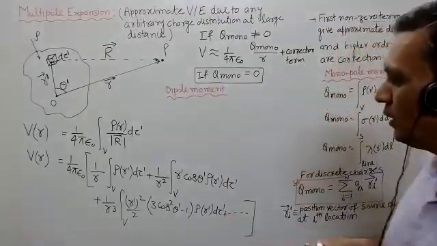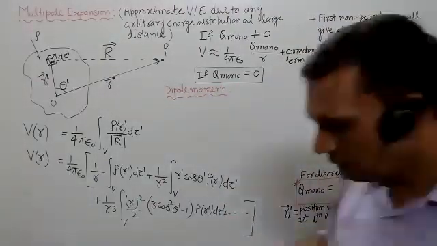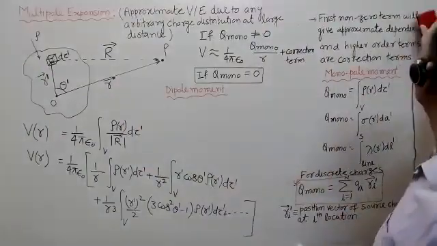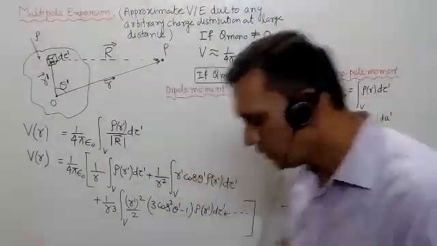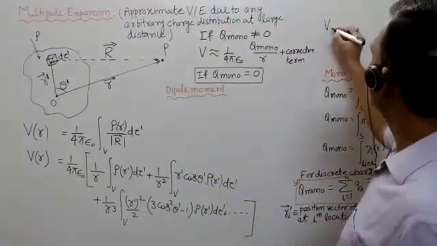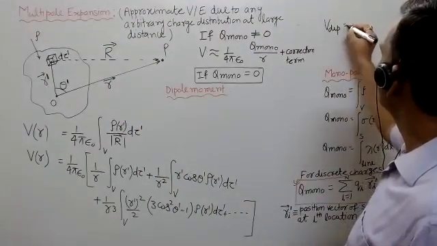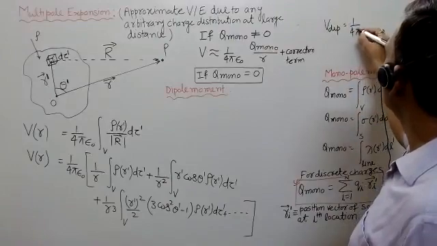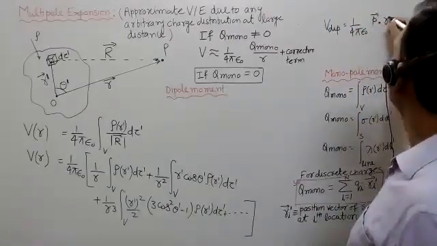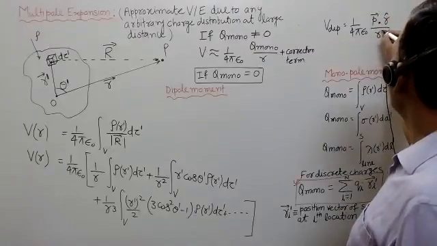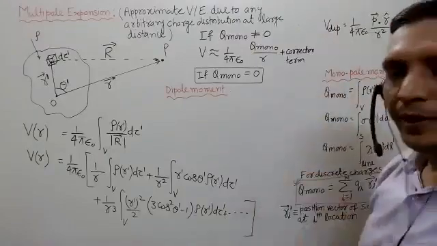So we know the potential due to a dipole. V dipole is given by 1 by 4 pi epsilon 0, P dot r cap by r square, where P is the dipole moment.